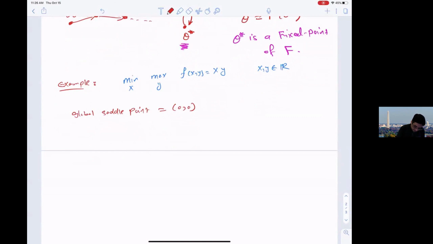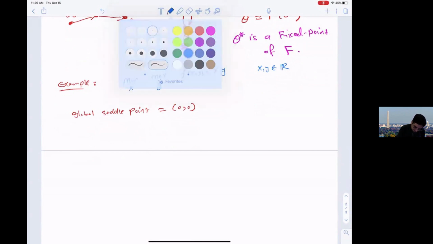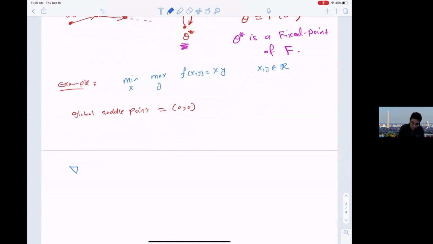Okay, so let's write the GDA dynamics. In order to do that, I need to compute the gradient of my objective function with respect to x and y. What is the gradient of this function with respect to x? It's just y. What is the gradient of my objective with respect to y? It is just x. Very simple.